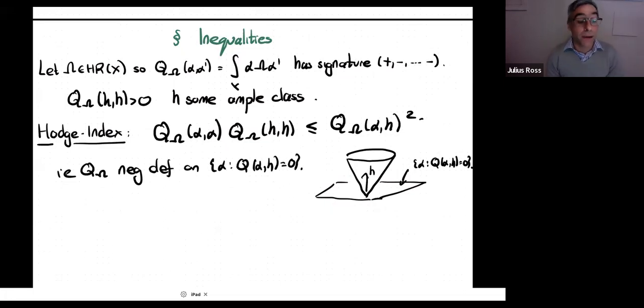In particular, you could apply this where omega is some Chern class or some Schur class of some ample vector bundle, and you get some inequality that maybe is not such a surprise if you're used to the Hodge index.